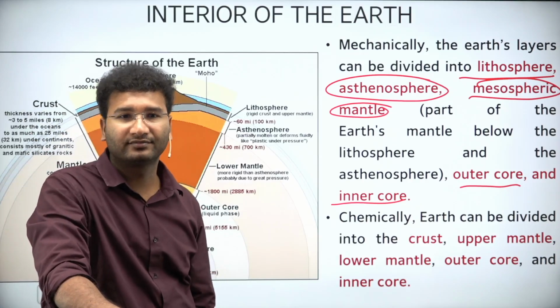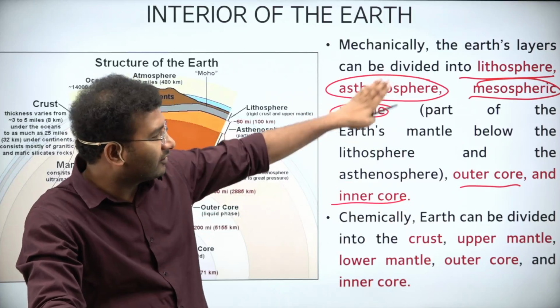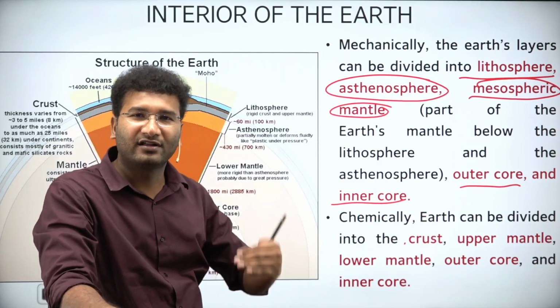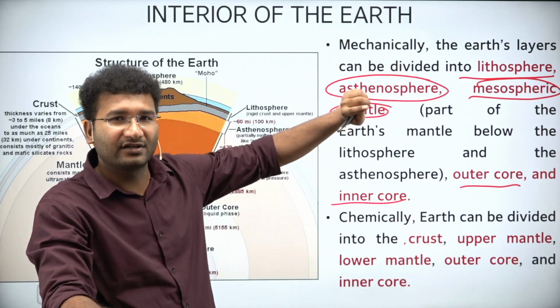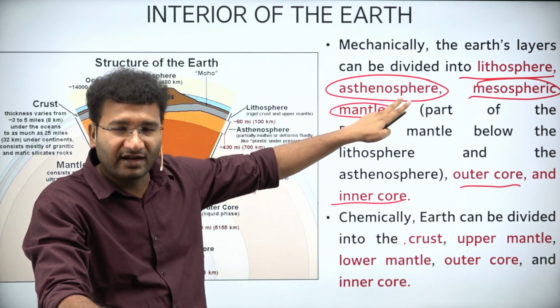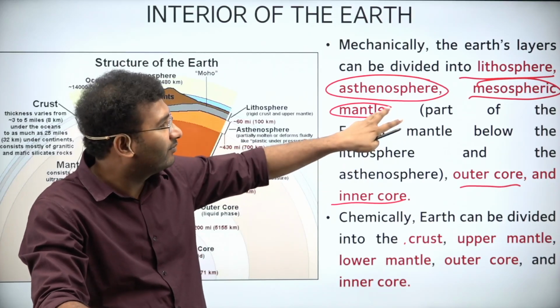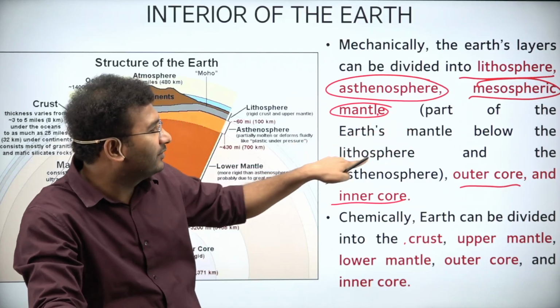Any doubts here? In the chemical composition: crust, upper mantle, lower mantle, outer core, inner core. Very simple. But in the mechanical composition: lithosphere, then a little lower the asthenosphere, then the mantle, which is also called the mesospheric mantle, the part of the Earth's mantle below the lithosphere.